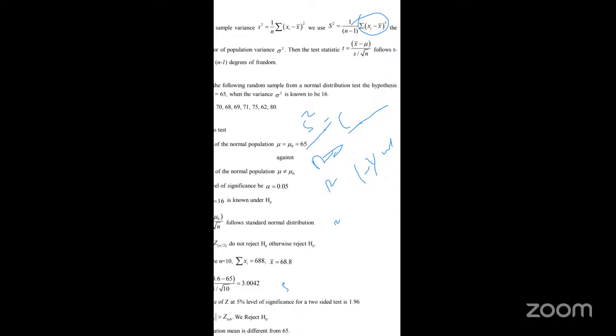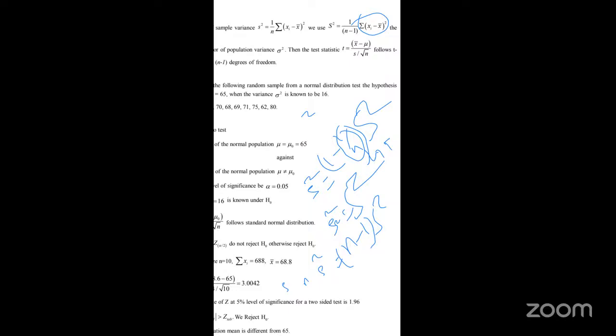But in large samples, small s square equals 1 minus 1 by n times capital S square, and as n tends to infinity, 1 by n tends to 0, so small s square equals capital S square. But in small samples, n small s square equals n minus 1 capital S square. Please remember this: in small samples we can take n s square equal to n minus 1 S square.